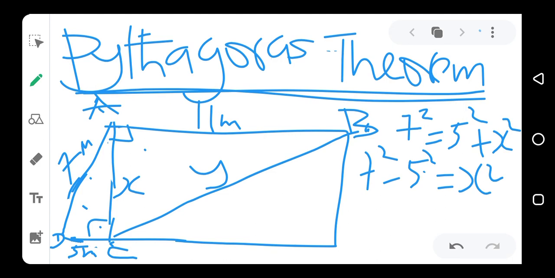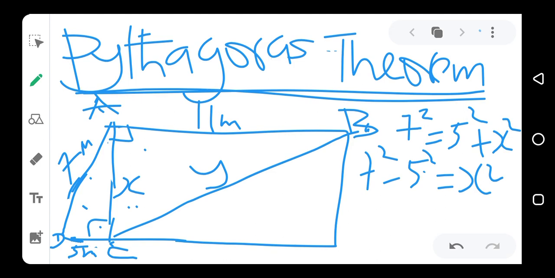Now when you get your x, put it here, assuming that after solving we get 10, then we put it as 10 here. That means we now know two sides of triangle ABC.